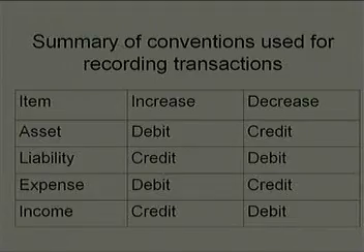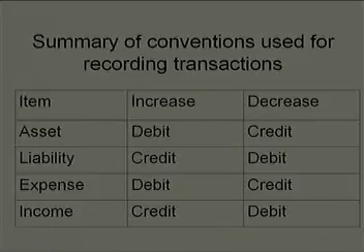Now, these are some of the conventions that are used for posting the transactions or recording your transactions. This you may like to note it down, because this we will be using it in this particular lecture. For example, when you find that there is an increase in asset by a certain transaction, that is recorded under debit side.